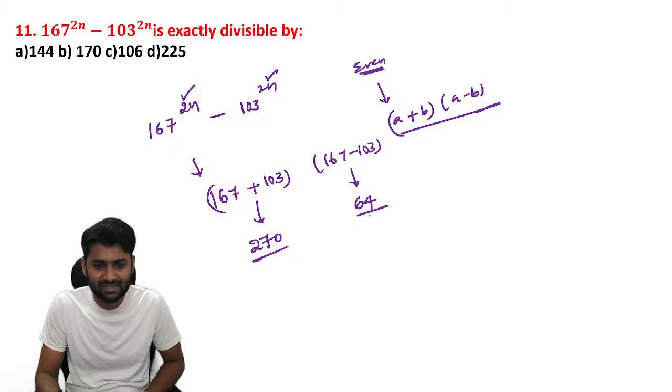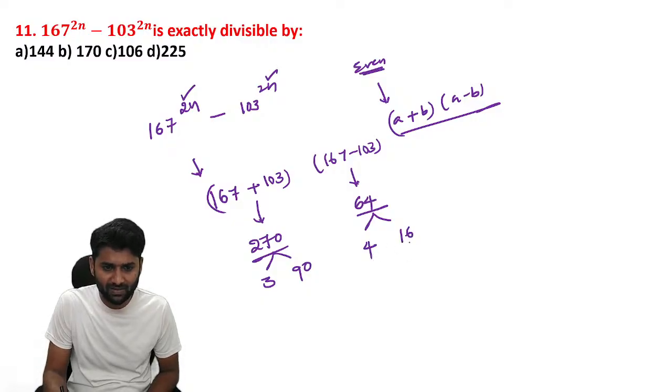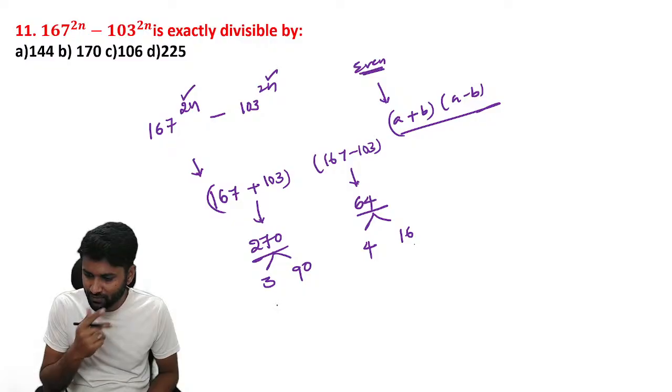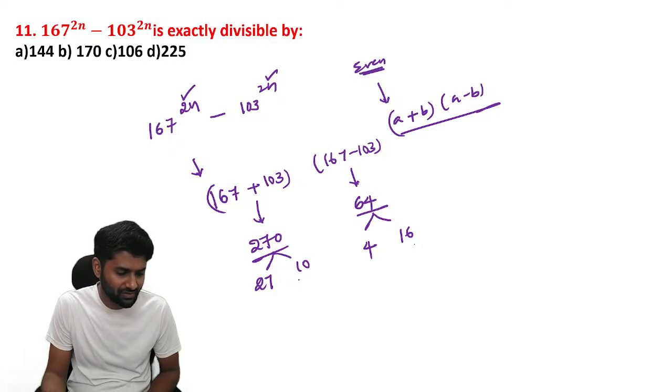Let us change this. 270 can be considered as 3 into 90, and 64 is 4 into 16. 16 into 3 is not possible. 4 into 9, you can't find the options. If you can't find the options, then change again: 9 into 3 is 27, so 27 into 10.